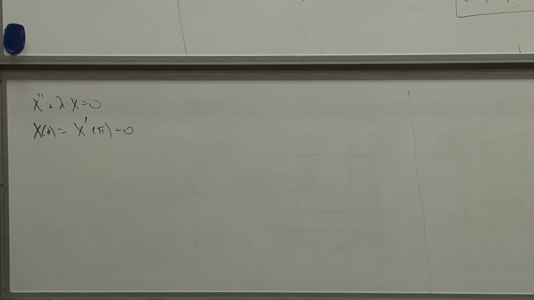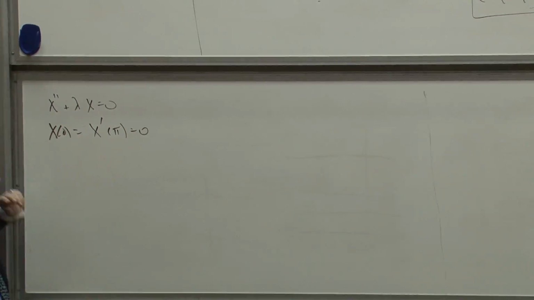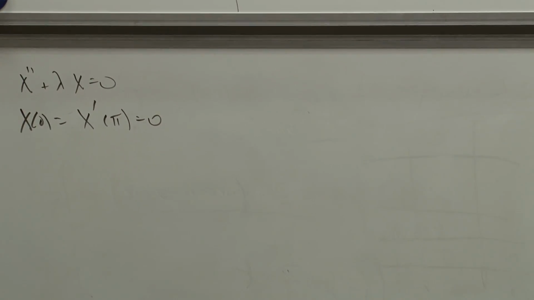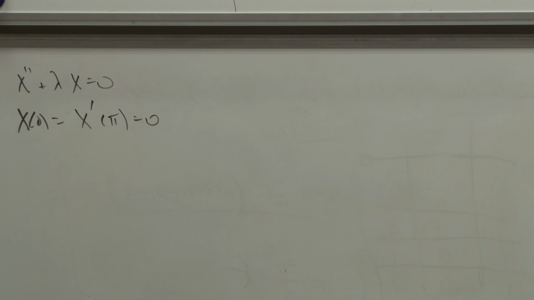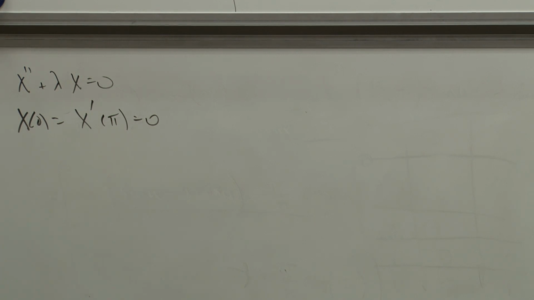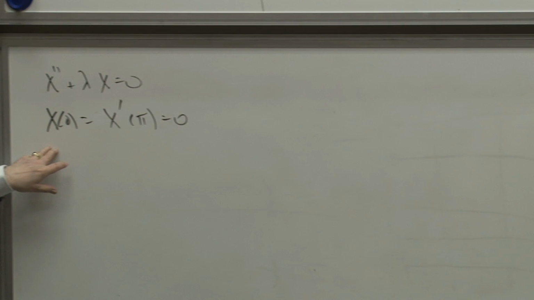Now, if you look at this eigenvalue problem, it has the function at 0 and the derivative at pi equals 0. That's essentially the same problem, and the differential equation is exactly the same problem with x instead of y that I did an hour and 20 minutes ago when we started. And so the two cases that lead to no solution are exactly the same.